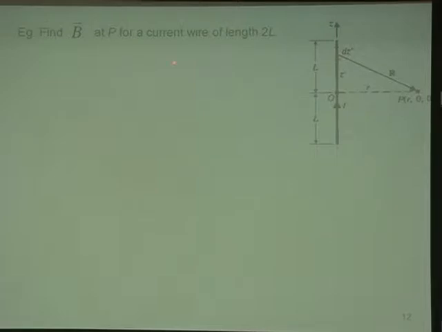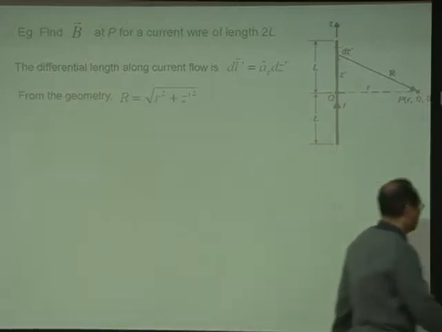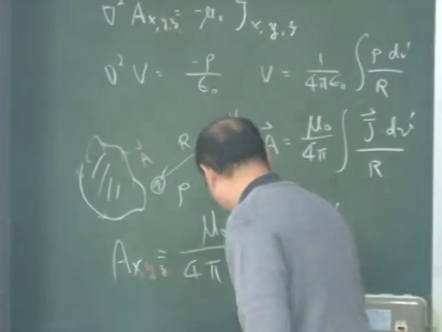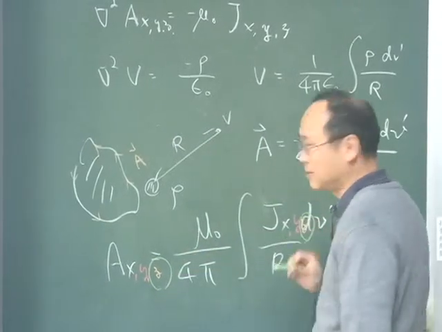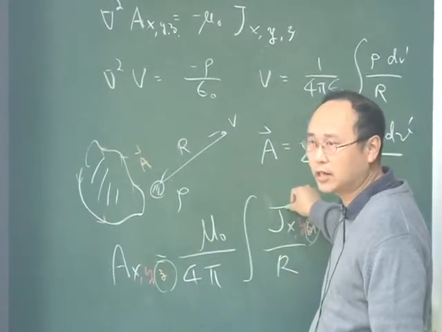So we have to do the integration of the current piece by piece from this location to this location. If you want to calculate the magnetic field directly, it's going to be quite difficult. But now that you have the definition that A is parallel to the current, you can just pick up this integration and specify your direction along the z direction, because you only have current along the z direction.